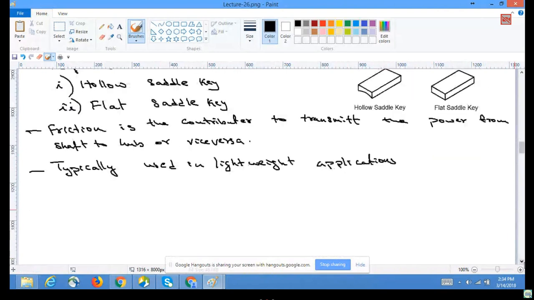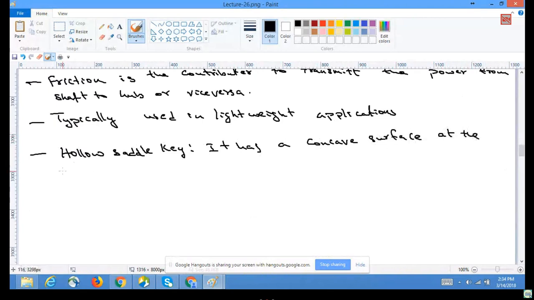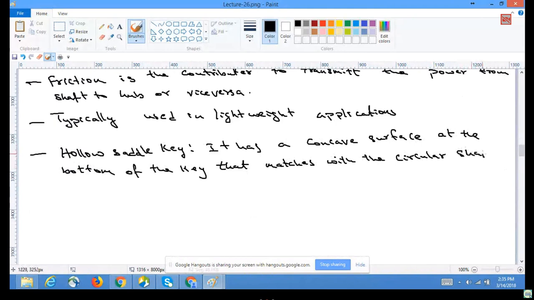Coming to the hollow saddle key, it has a concave surface at the bottom of the key that matches with the circular shape of the shaft.